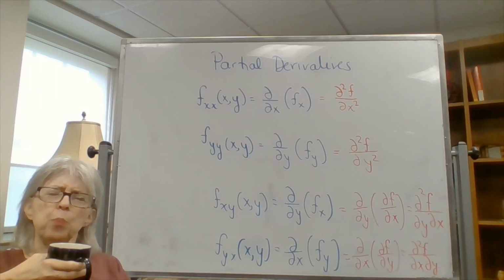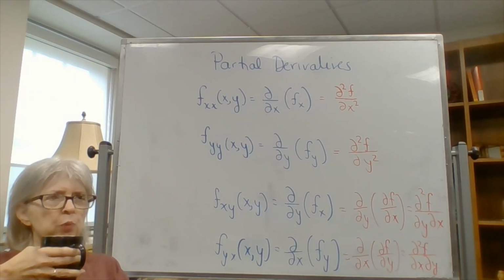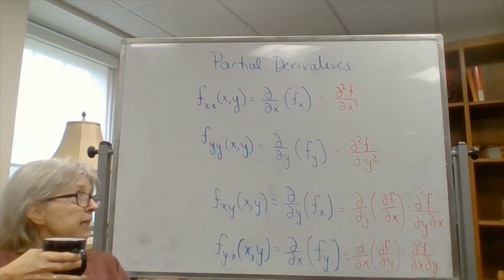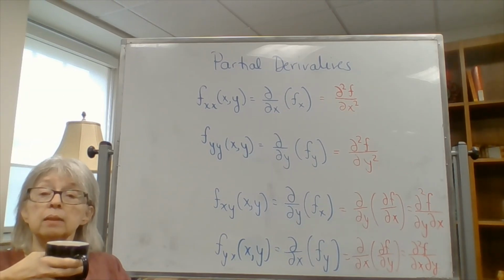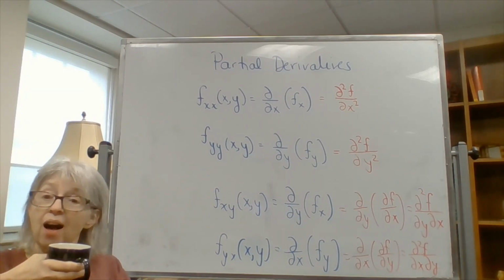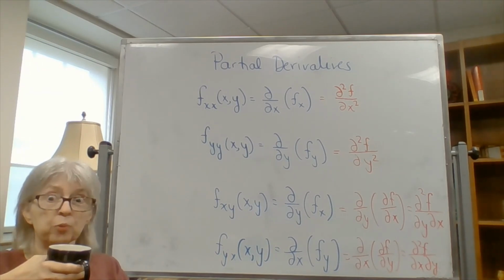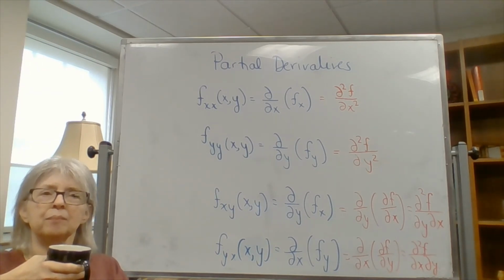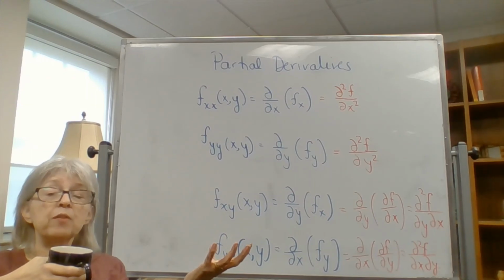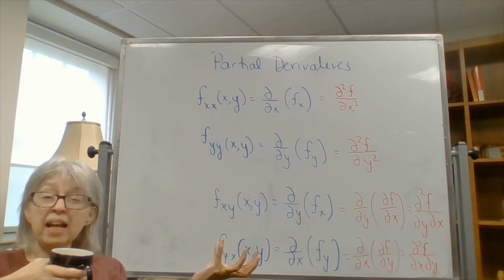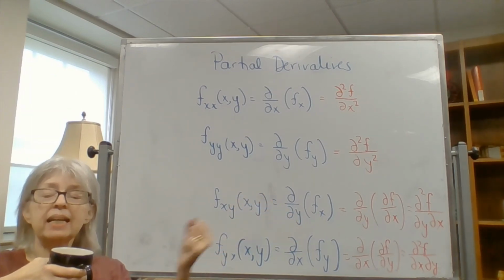The second partial of a function with respect to x is the derivative of the partial with respect to x, with respect to x. So you find the derivative with respect to x, and then you find the derivative of that with respect to x again.